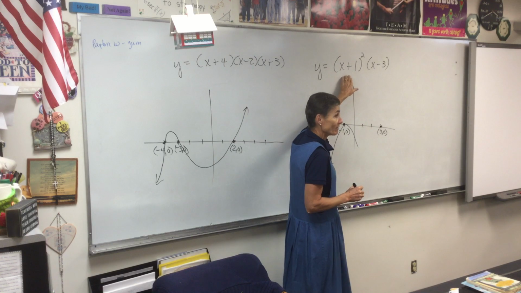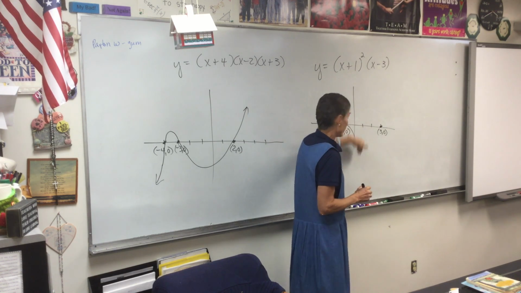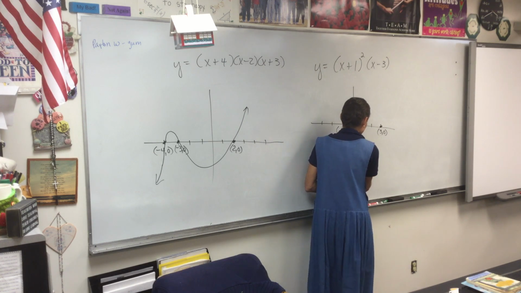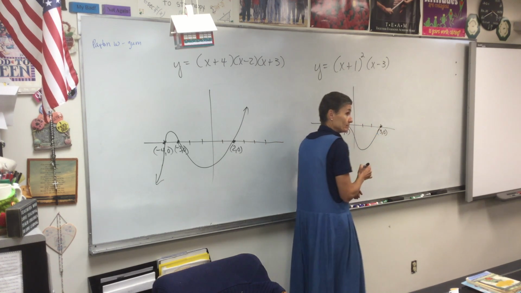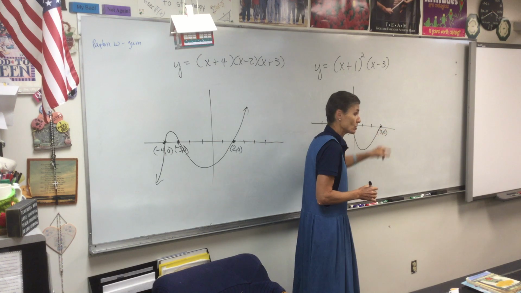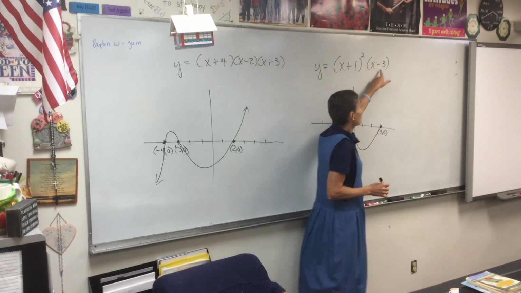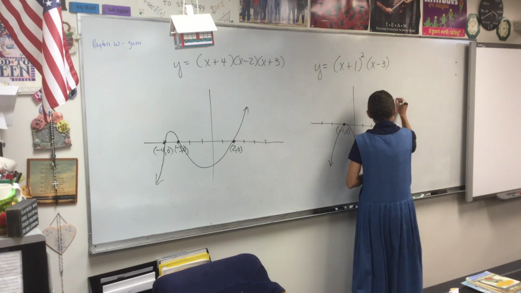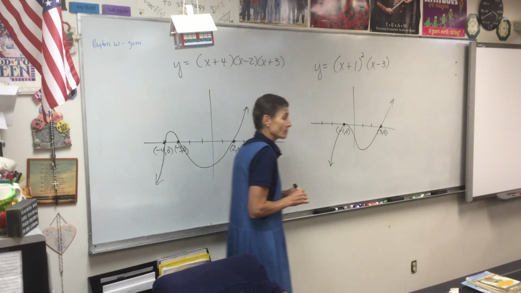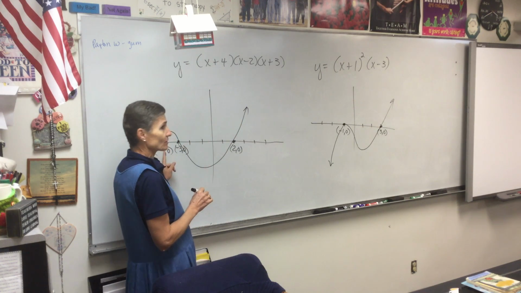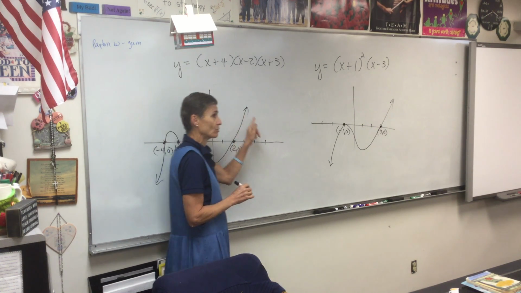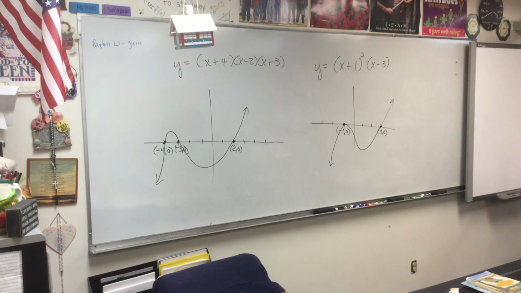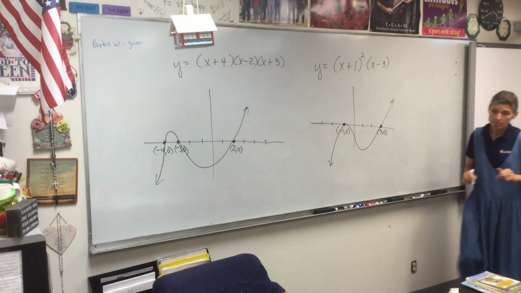So if you have a factor that's squared, you're going to bounce off of it. Now, it still has to come down and turn around and get to this one. Is it going to bounce off that one? No, because that one's not squared. So it's just going to zip right through that one. The plain factors just get zipped right through, right? The squared ones need to be bounced off.